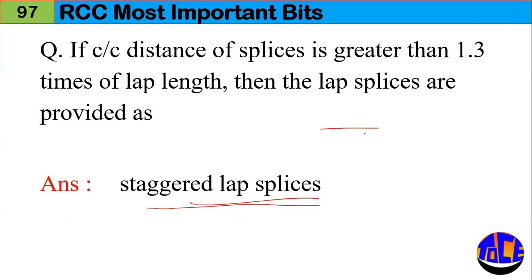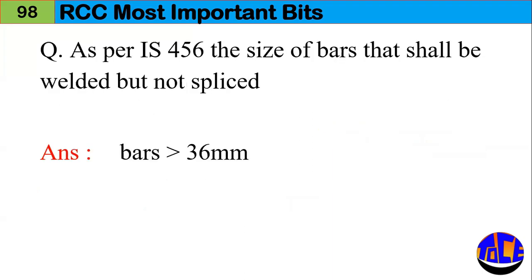Staggered in the sense, if splicing happens here, then for the next bar the splicing should be provided at another location with some spacing. So this is called stagger.